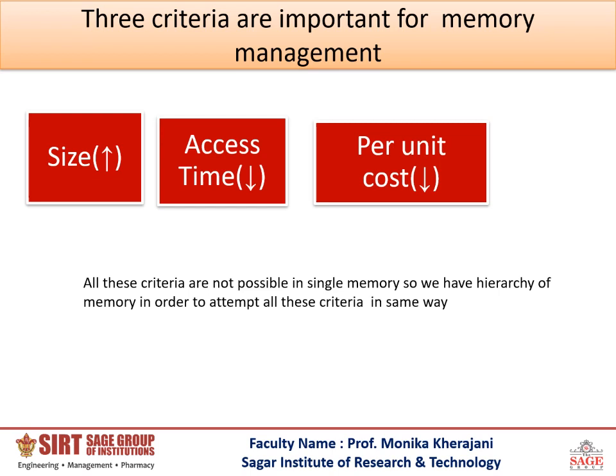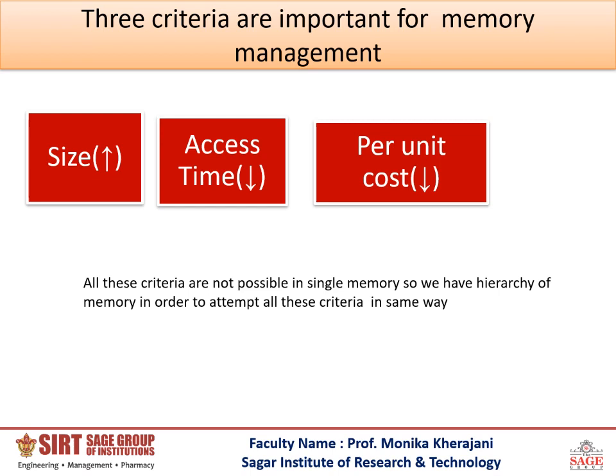Whenever I want to access any data or program which resides in the memory, I can easily access it without wasting my time. And the unit cost of every memory should be less.